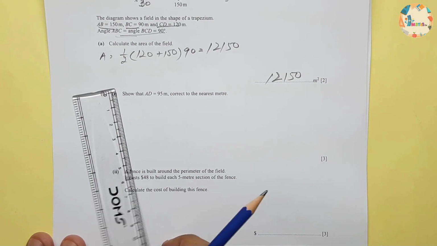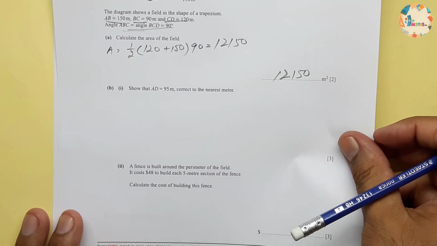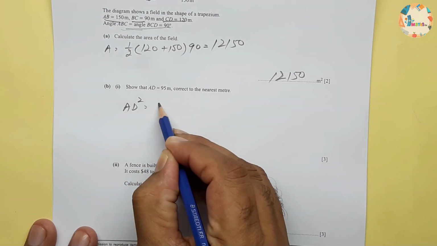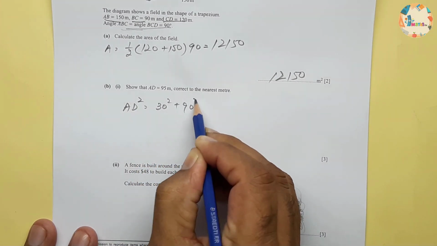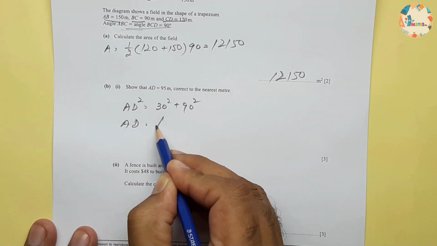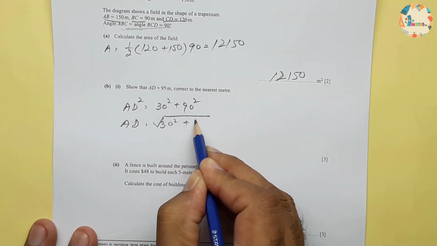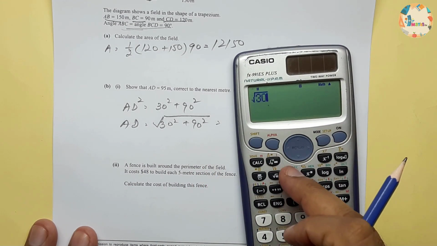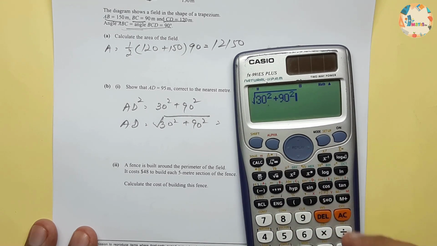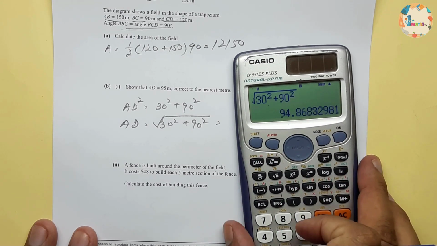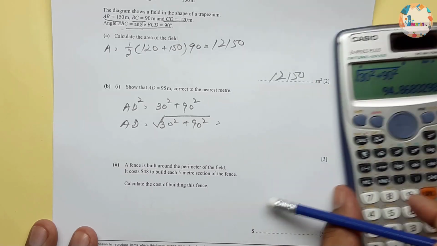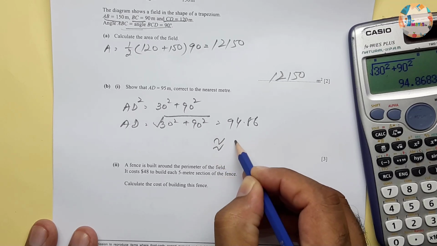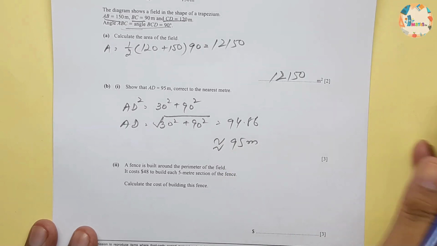AD squared is equal to 30 squared plus 90 squared, and AD will be equal to root of 30 squared plus 90 squared, which is equal to 94.86, and we can write approximately equal to 95 meters.